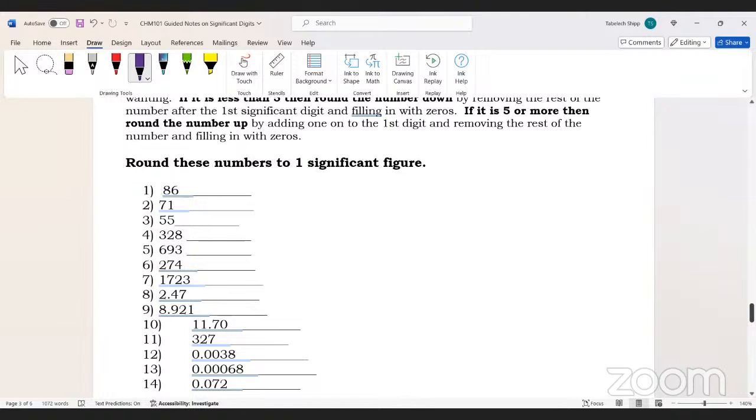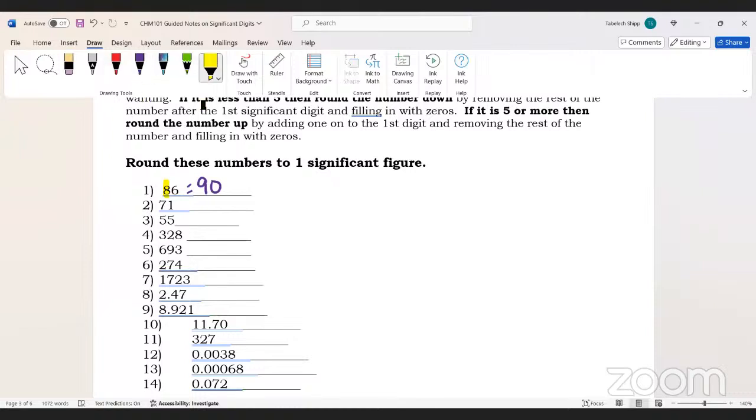So, for instance, if we look at an example like number 1, 86, and I said to round off 86 to 1 significant digit, always put a dot or highlight the first number that you need, and then the number to the right of that tells you what to do. So in 86, the 6 tells the 8 to go up. So this becomes 90.